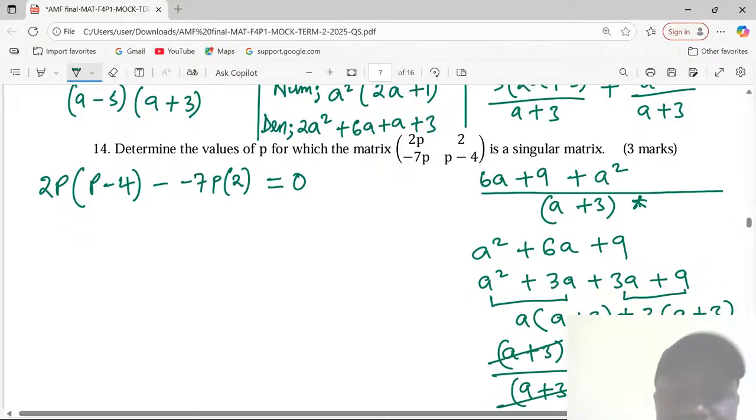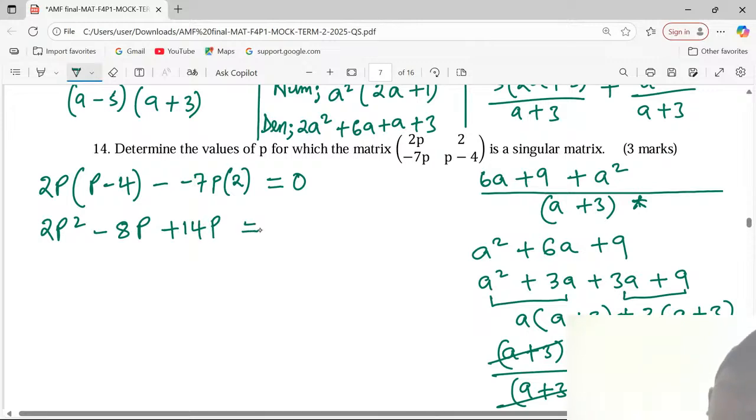All right. If that is so, then we say 2P squared minus 8P, then negative 7 times 2 becomes 14, so minus negative 14 becomes positive 14P. This is equal to 0.